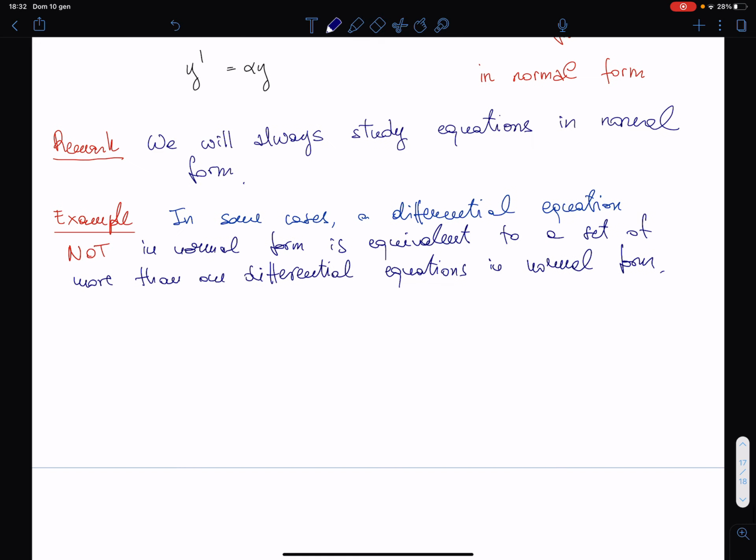The example is one that physically, mechanically is extremely important.